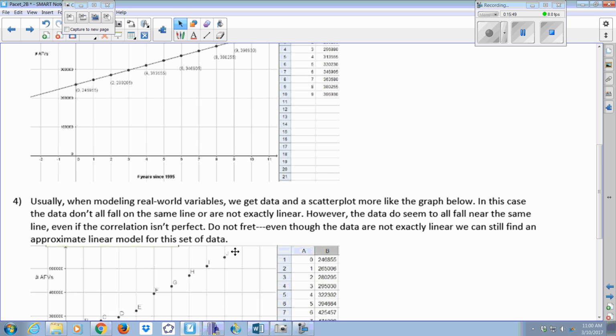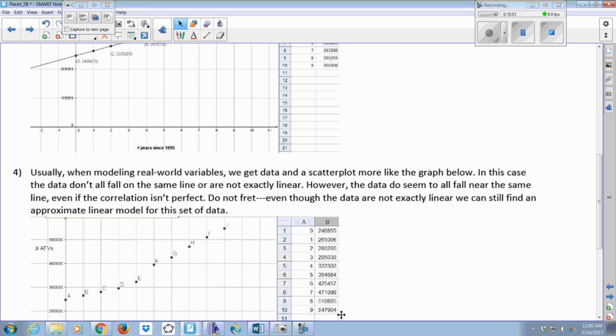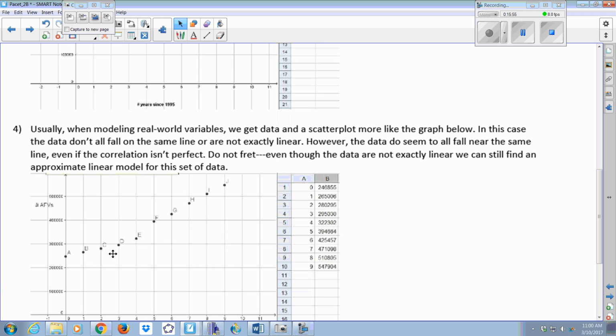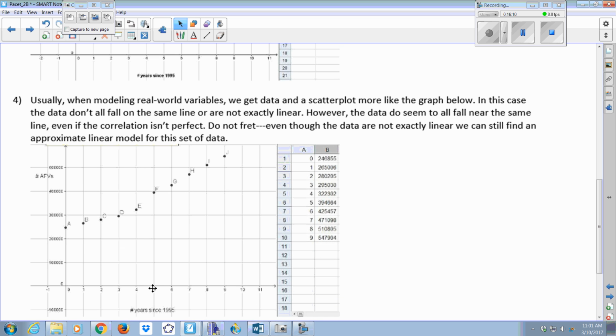But let's face it, when we model real-world variables, we often get a scatter plot that looks more like this. They don't fall in an exact straight line, whether the line is moving in a positive direction or a negative direction, a negative slope or a positive slope. But they do show a tendency or a trend to be increasing in a linear-like manner, don't they?